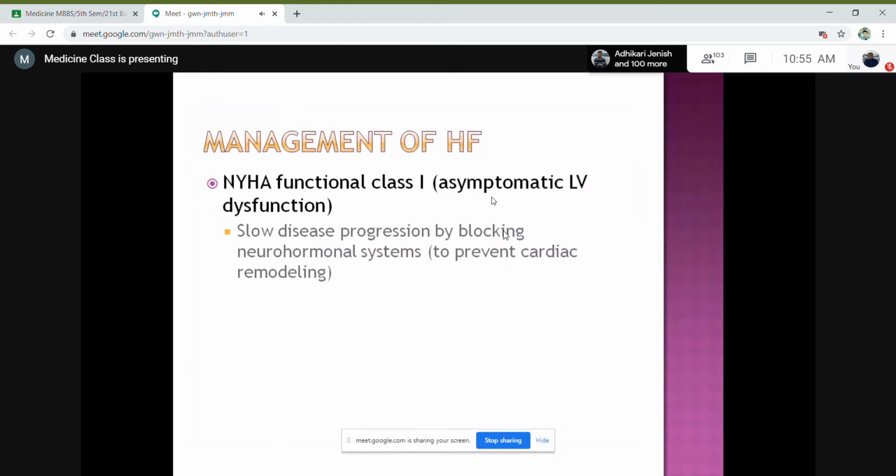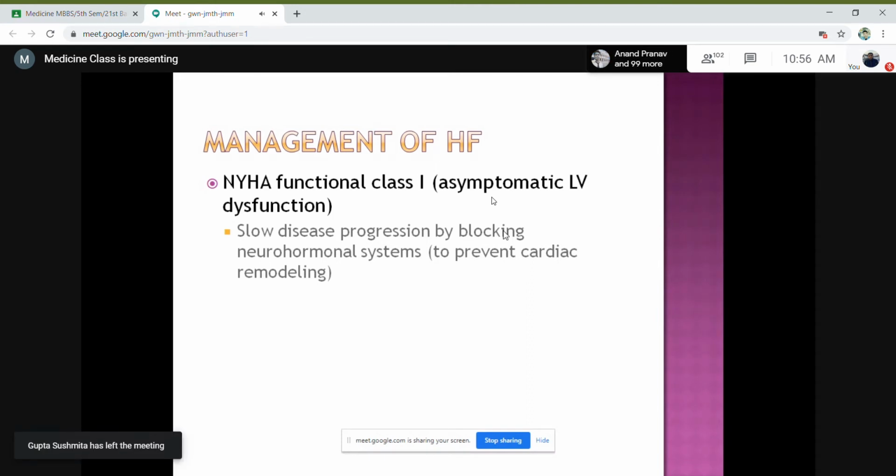Okay, so first of all, you classify the patient according to NYHA functional class. If the patient is in NYHA functional class 1, that is asymptomatic left ventricular dysfunction, the target of the management is just to slow down the process of this cardiac failure by blocking the neurohormonal system.